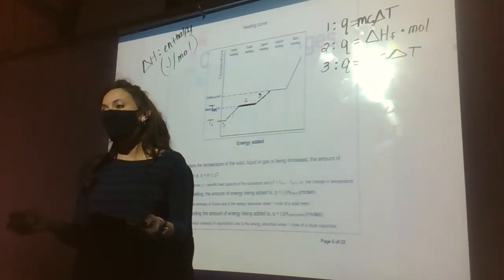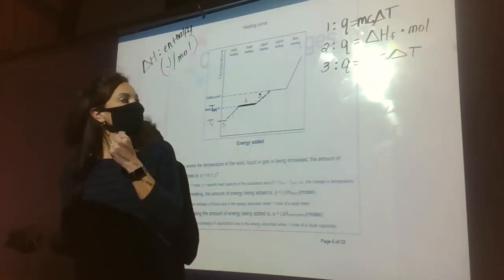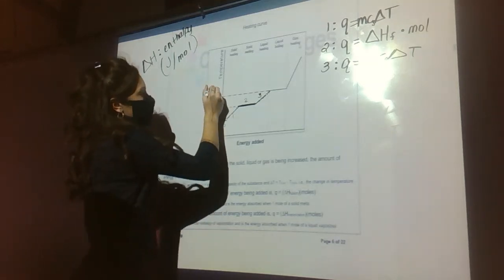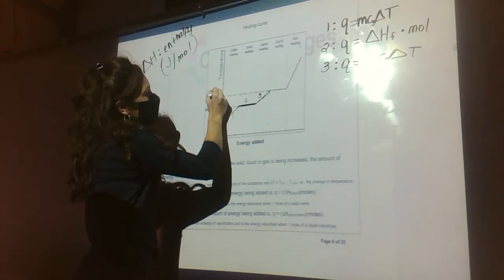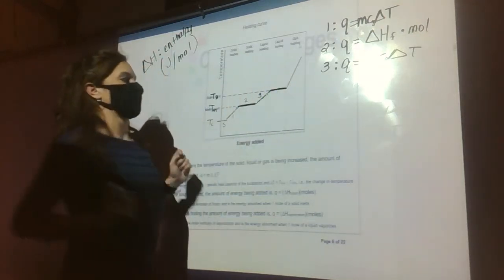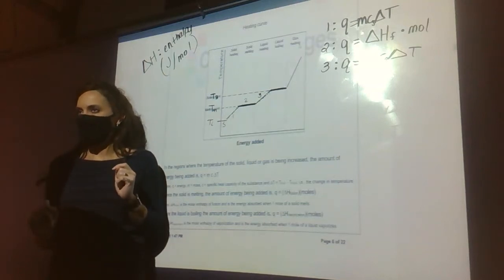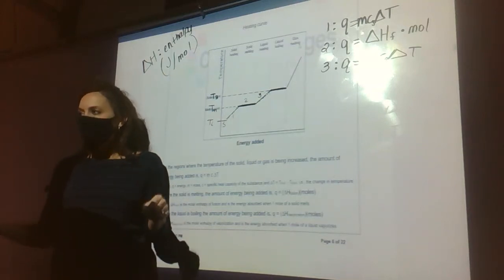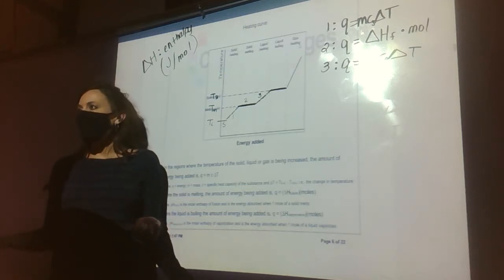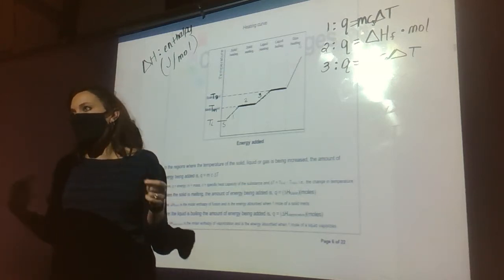We go from liquid to gas. What's that called? Evaporation or boiling. We reach the boiling point and it flatlines again. As long as it's boiling, the temperature doesn't change, because now my energy can't go into changing the temperature.